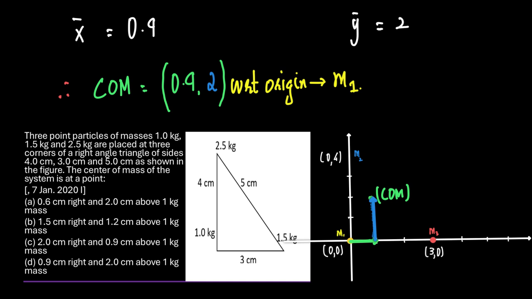Which means the center of mass is 0.9 towards the right of m1 and 2 centimeters above m1. Okay, so this is how we locate the points. So this distance here is 2 and this is 0.9 and the reference location is m1. So 0.9 towards the right and 2 towards the height. So the correct option becomes option D.